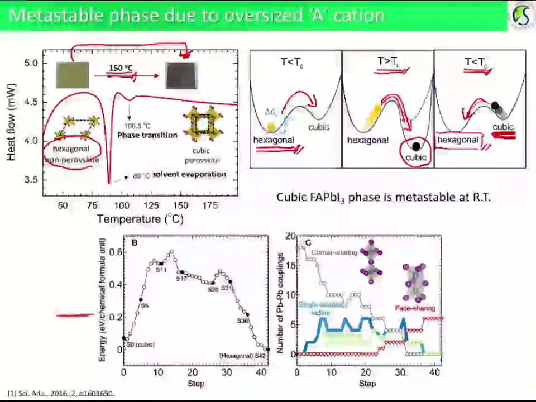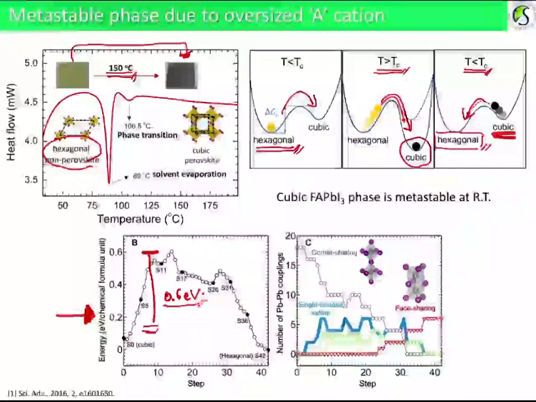So this study calculates the energy barrier for the phase conversion, and it was found to be around 0.6 electron volt for the energy barrier between the hexagonal and the cubic perovskite phase.